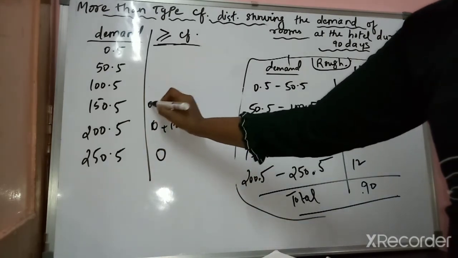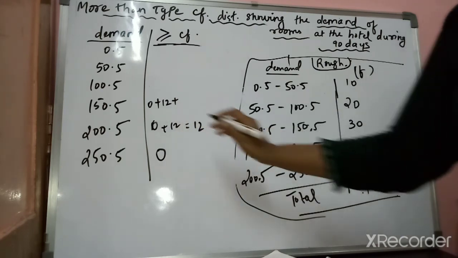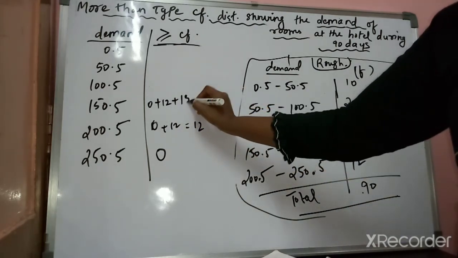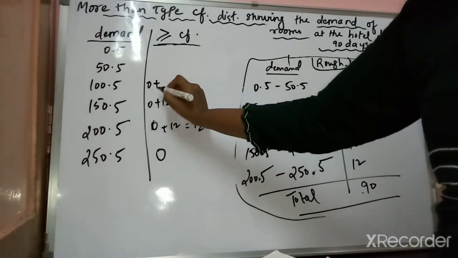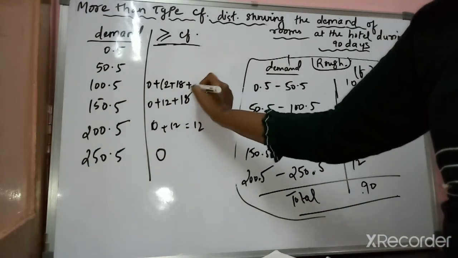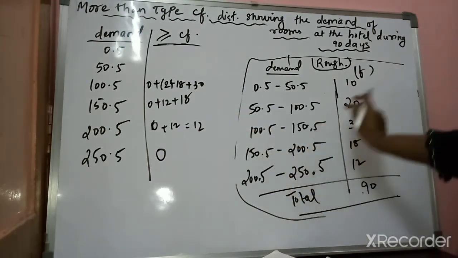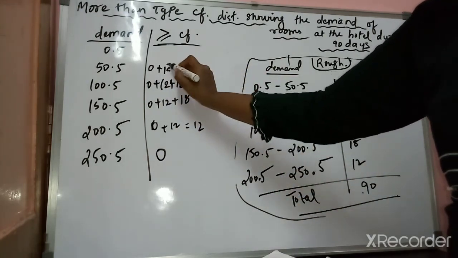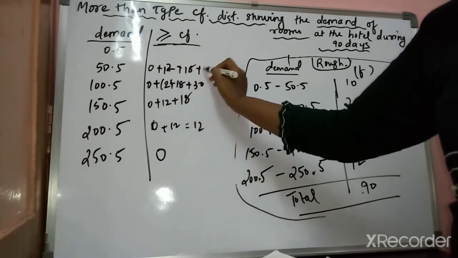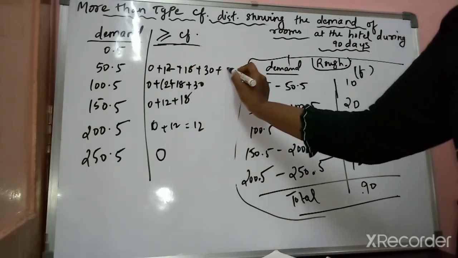Then again 0, I am only writing the working. Now the next class is 18. Now the next is 30. So 0 plus 12 plus 18 plus 30. Clear? Then the next is 20. 0 plus 12 plus 18 plus 30 plus 20.